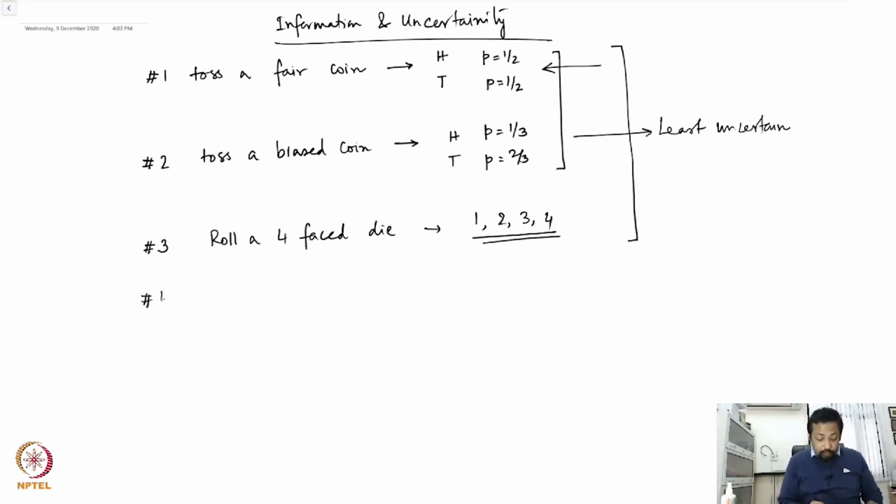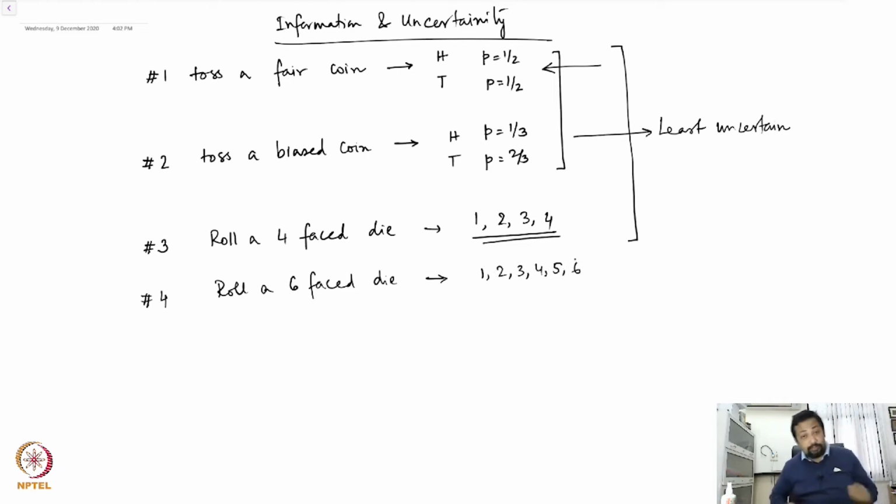If I now want to do a 4th experiment where I roll a 6-faced die, then you are immediately going to realize that it doesn't have 4 outcomes, but there are 6 outcomes, and therefore this seems to be the most uncertain experiment that we are doing, because we cannot predict very surely which outcome is going to come.